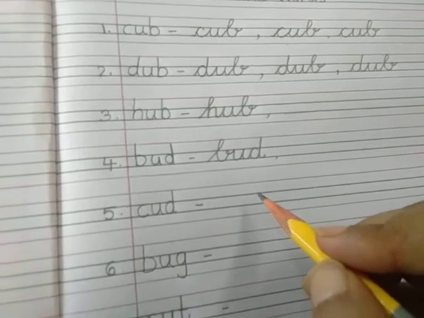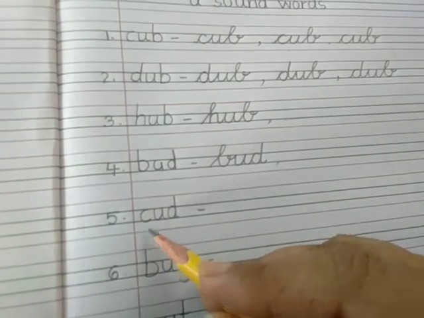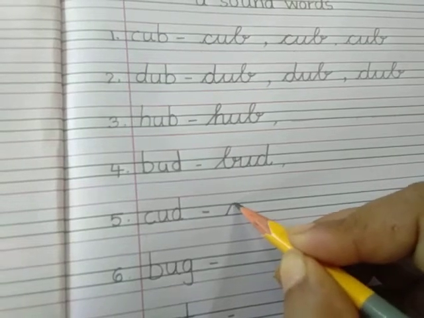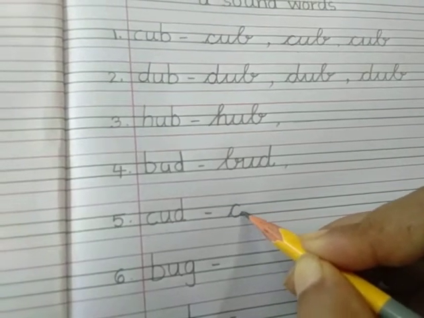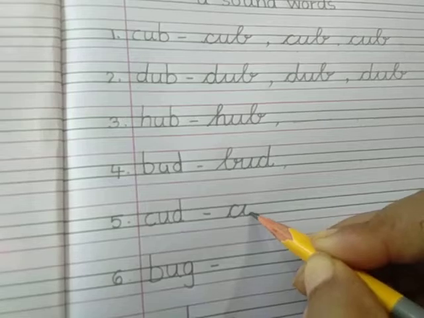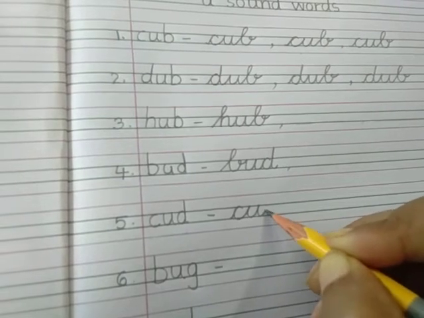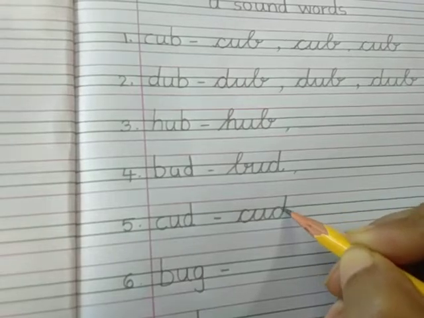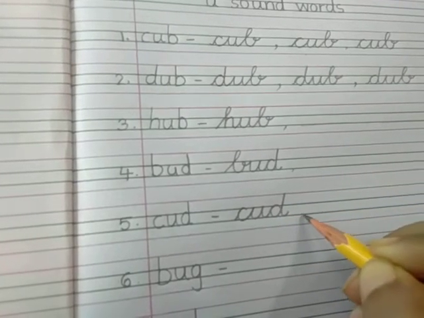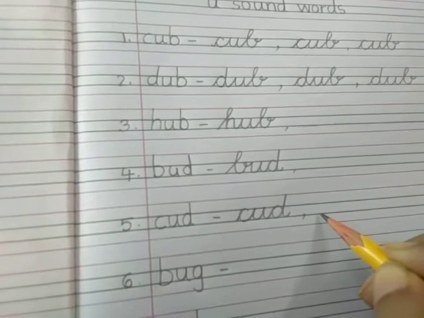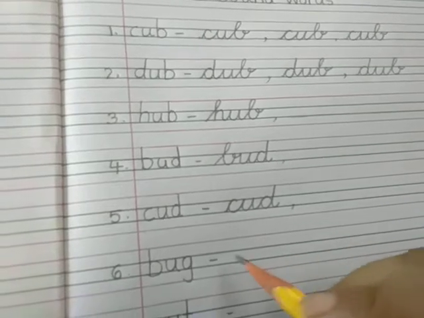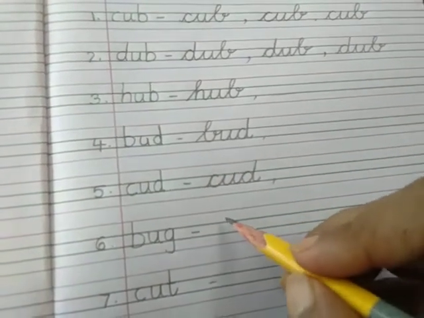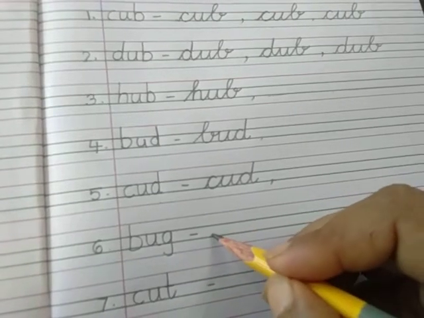Then the next is C-U-D, cud. Cud, 2 more times. Then here you have to write B-U-G, bug.